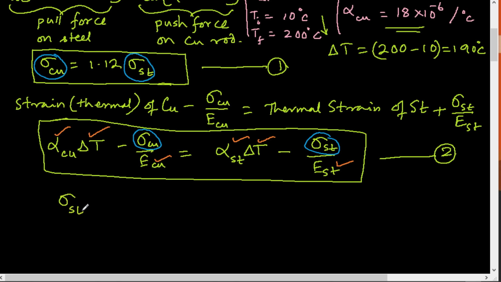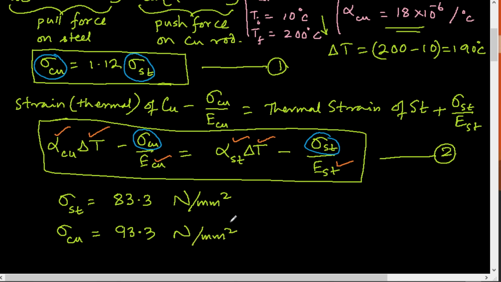Sigma steel would come out to be 83.3 Newton per millimeter square, and sigma copper would come out to be 93.3 Newton per millimeter square.